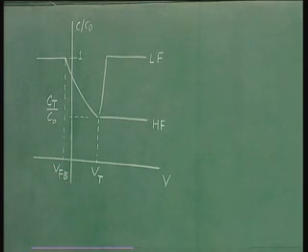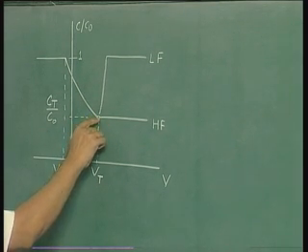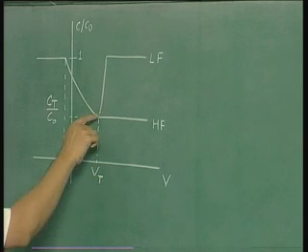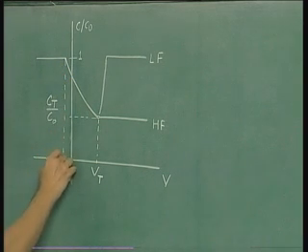So the critical parameters that we need to explain are this threshold voltage point, that is the value of the threshold voltage and the value of the capacitance at this point, and then the value of the flat band voltage.